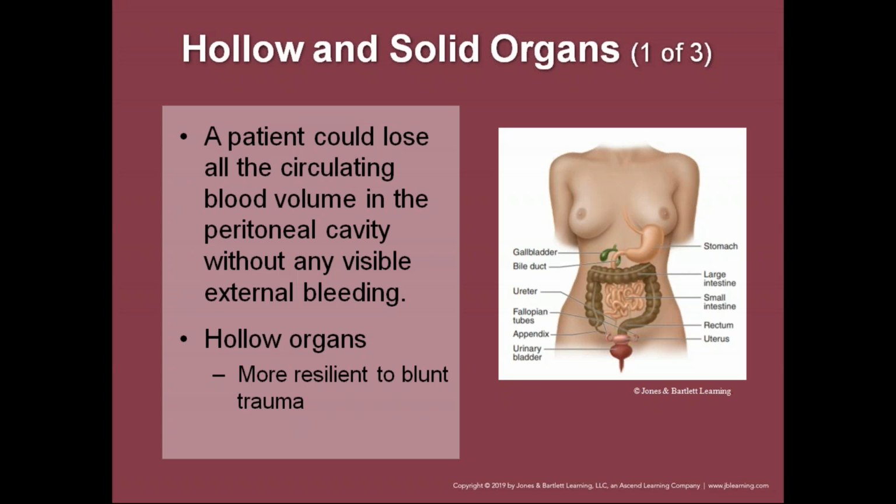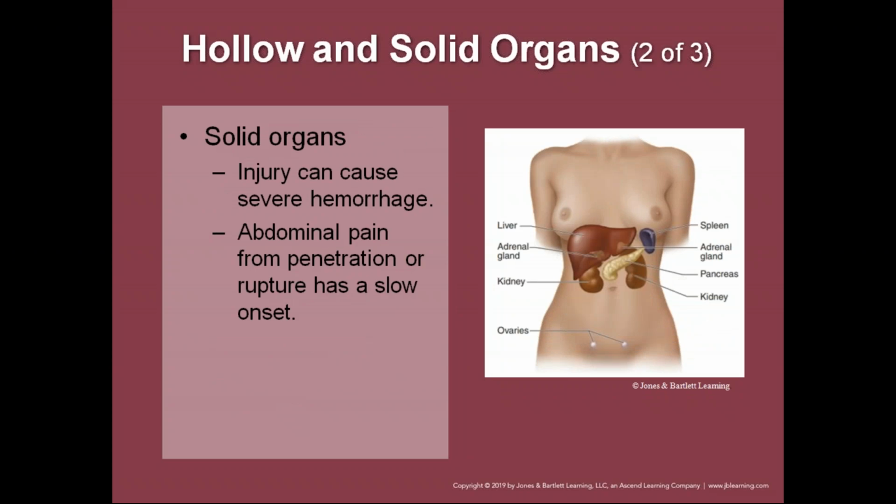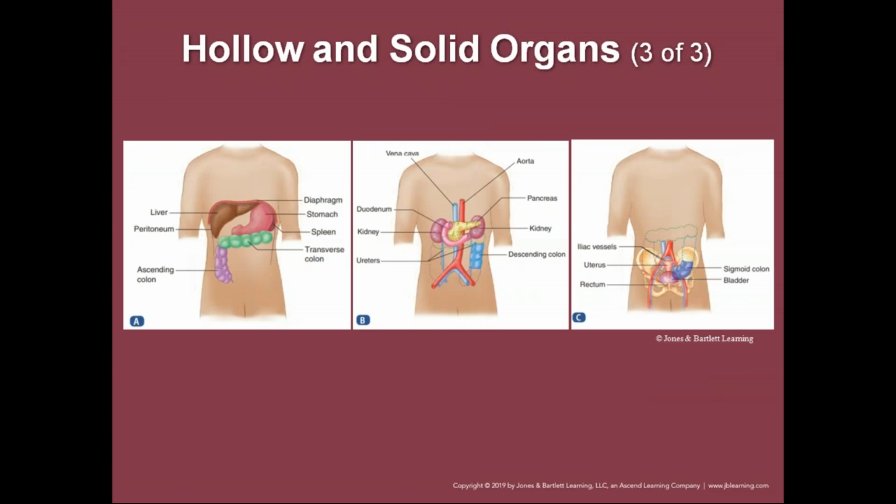So when those organs are full, they can potentially explode like a balloon. Solid organs, injury can cause severe hemorrhage. Abdominal pain from penetration or rupture of solid organs has a slow onset.